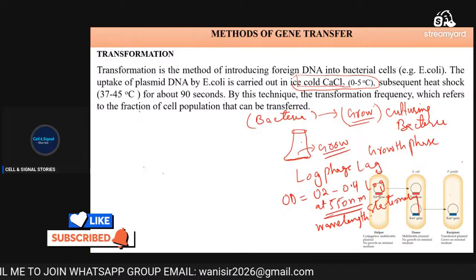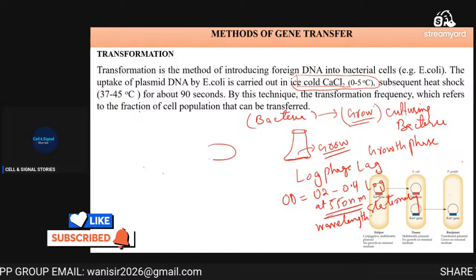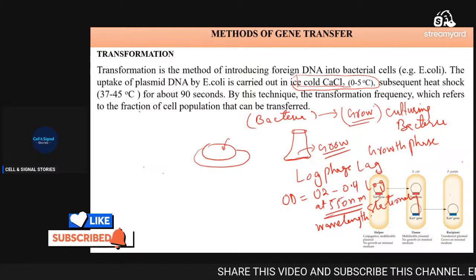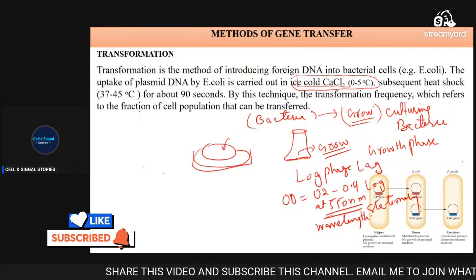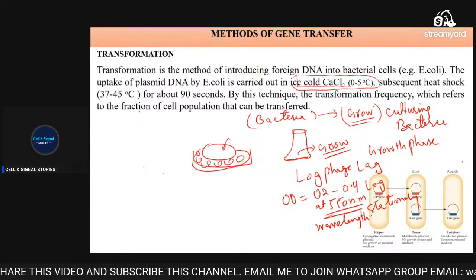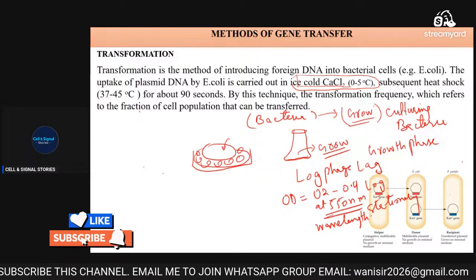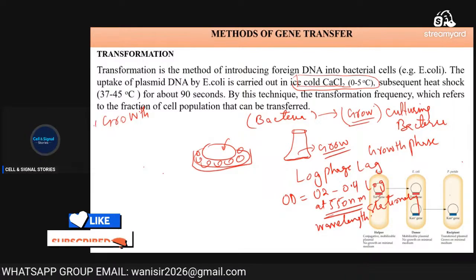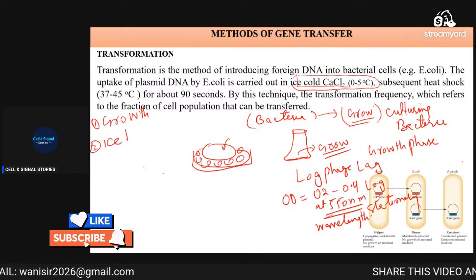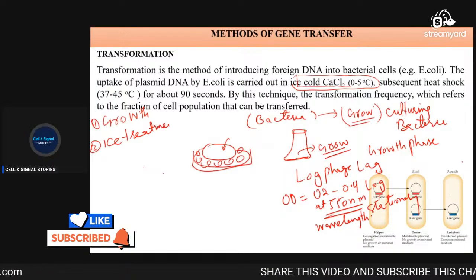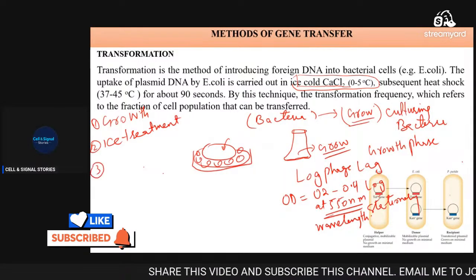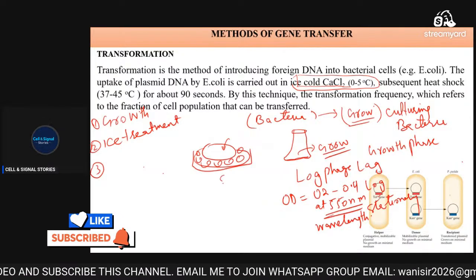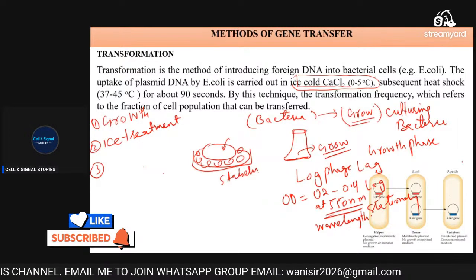Now we will take this bacteria inside the culture dish, and we will put ice below it, so that we give the treatment called ice treatment. So first is growth, second is ice treatment, and in the ice treatment the cells are kept on ice to stabilize the membrane.